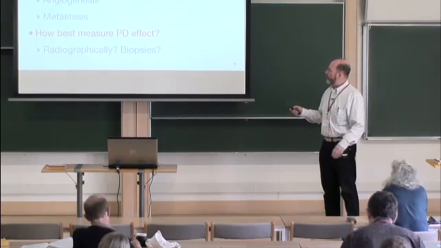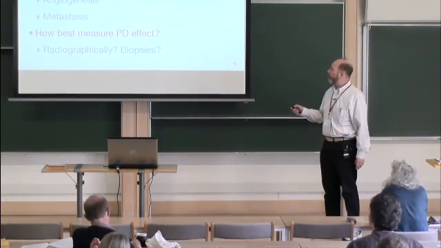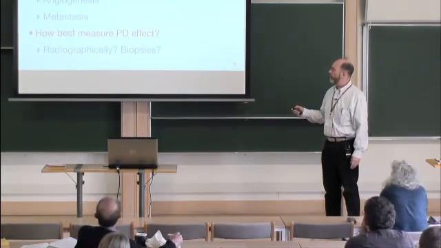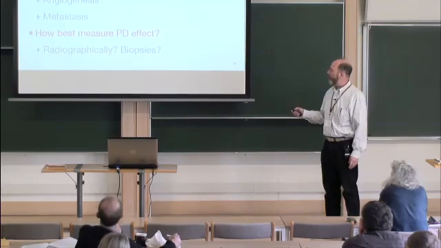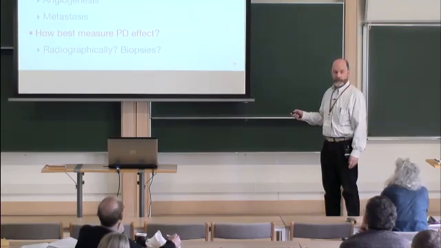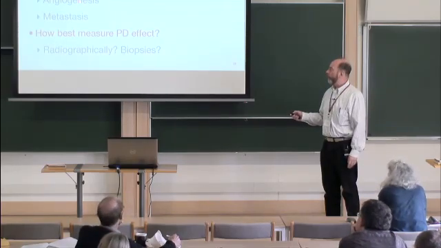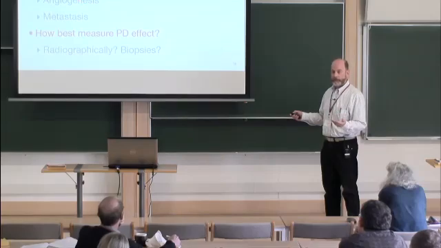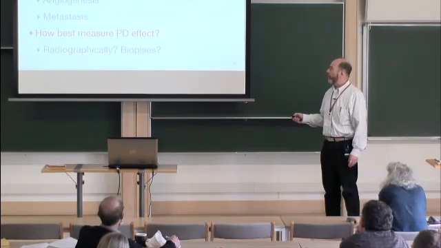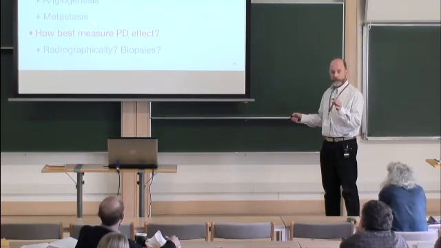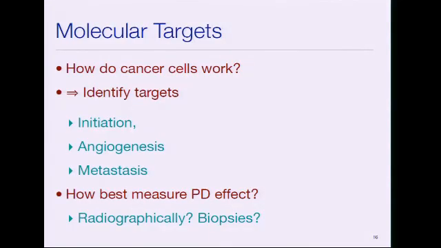So I mentioned all this already, that the newer drugs are targeting particular biochemical pathways that may be involved with the initiation of what's called angiogenesis, that is the development of new blood vessels that are feeding tumors and allow the tumors to grow, or different pathways that allow primary tumor cells to come off of that primary tumor and move through the body to form metastatic disease.